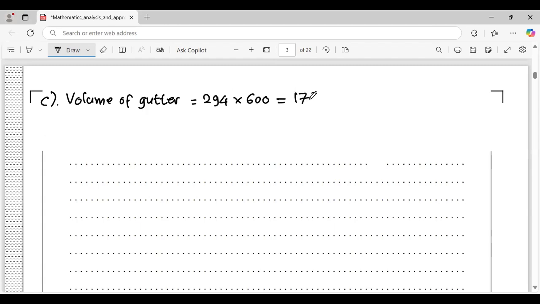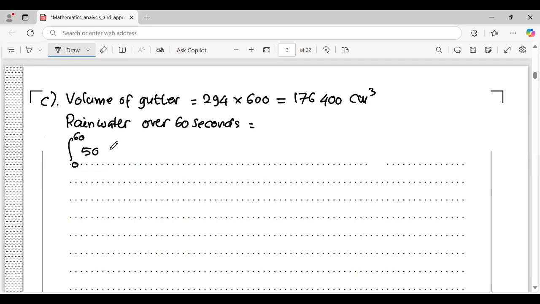So it is 176,400 cubic centimeters. And the rainwater over 60 seconds is the integral from 0 to 60 of 50 cosine 2 pi t over 5 plus 300 dt. So we need to find this integral first.